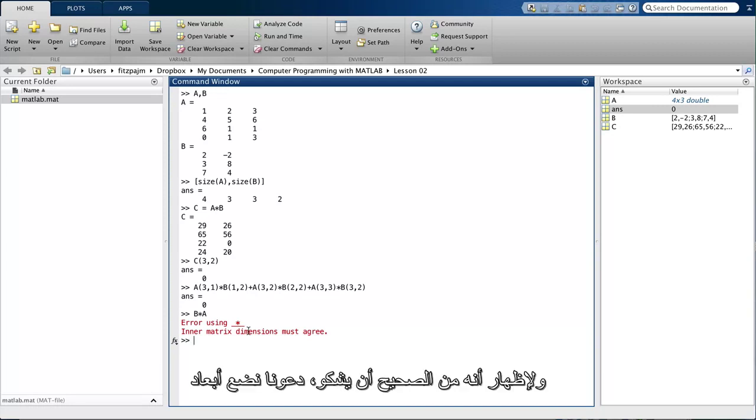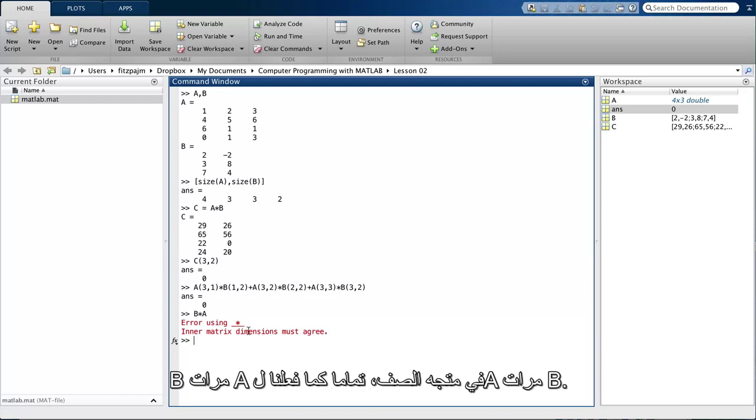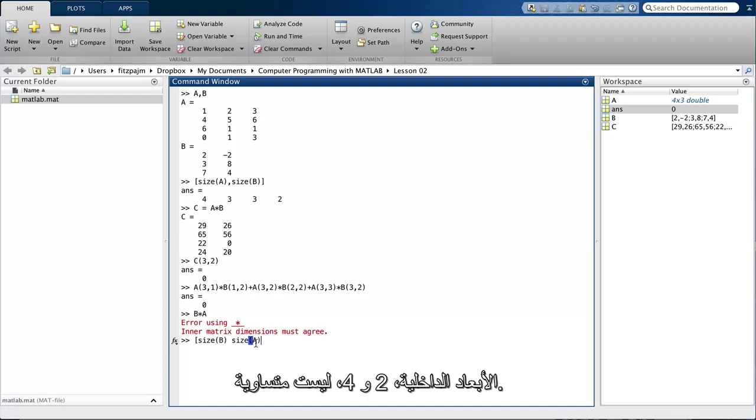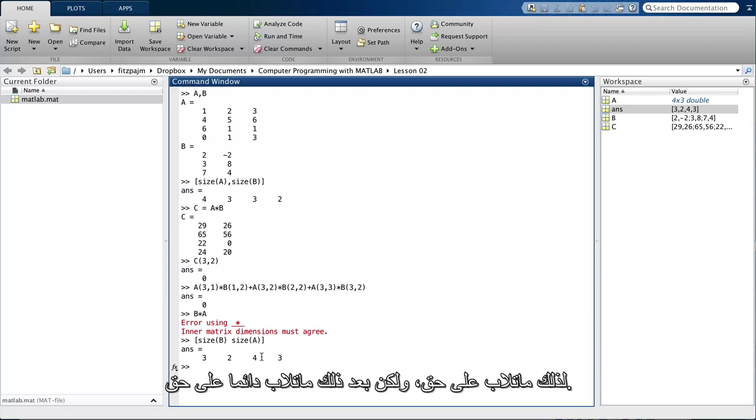And to show that it's right to complain, let's put the dimensions for B times A into a row vector just as we did for A times B. So size B this time, size A. Sure enough, the inner dimensions, 2 and 4, are not equal. So MATLAB's right. But then MATLAB's always right.